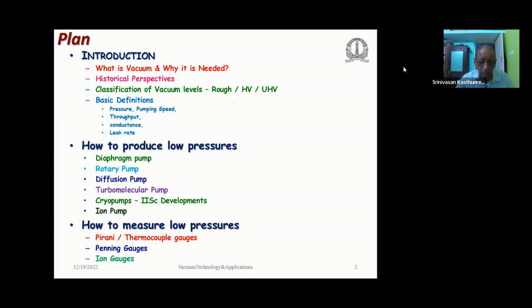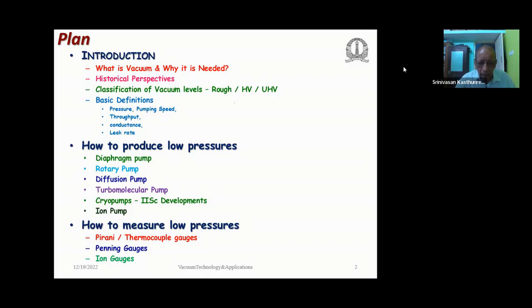So I will discuss briefly about that. Then also we'll talk about an ultra high vacuum pump, or in other words, ion pump. So this essentially will tell you how do you produce these low pressures.